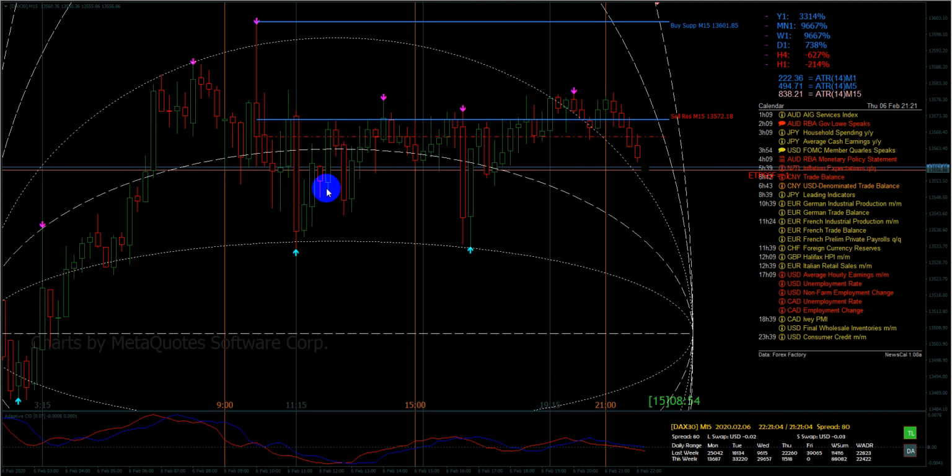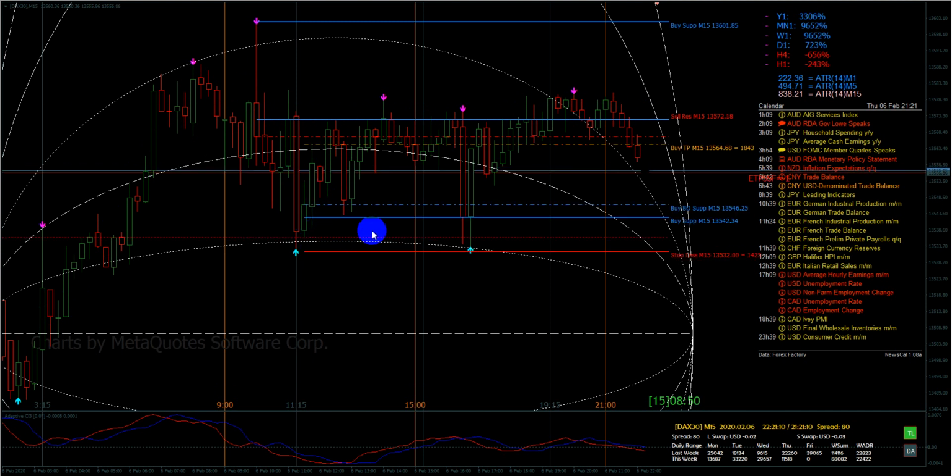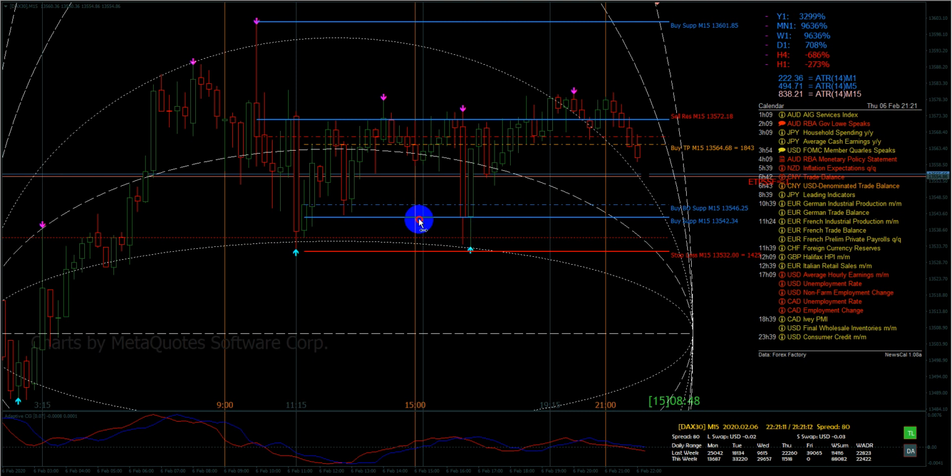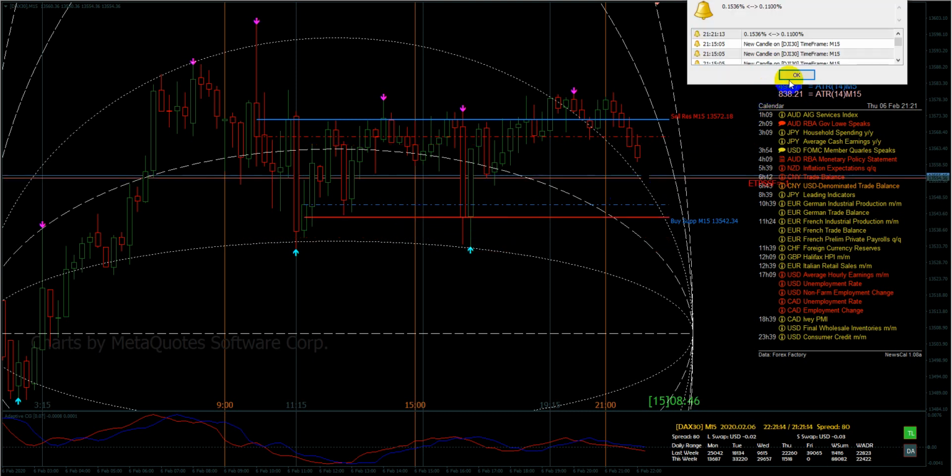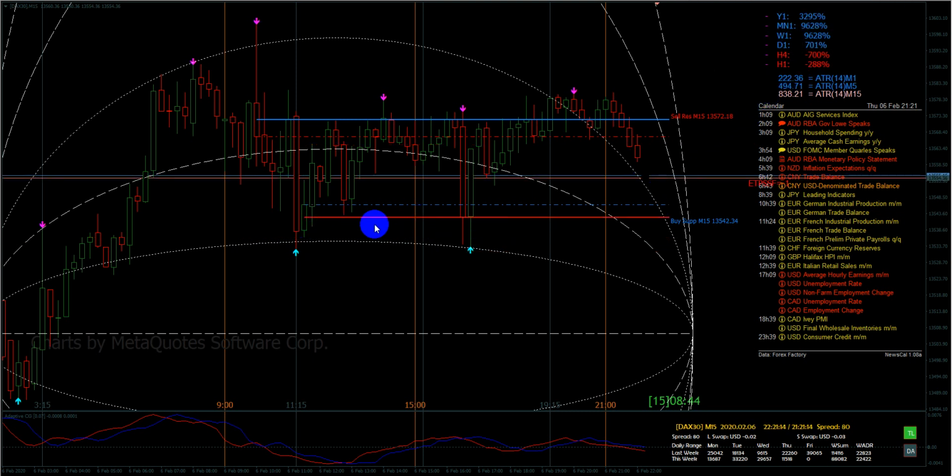And on the other hand, I saw this candle right here. So basically, there was something like this, and that's the first trade right there that I decided to make.